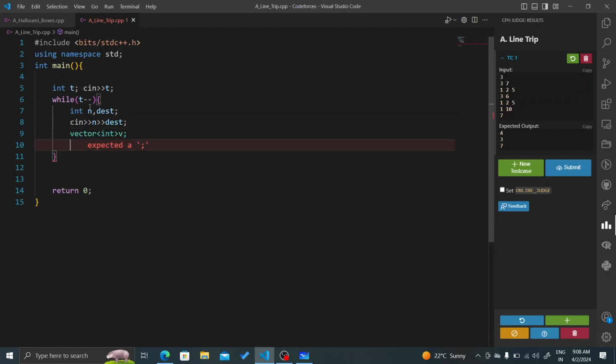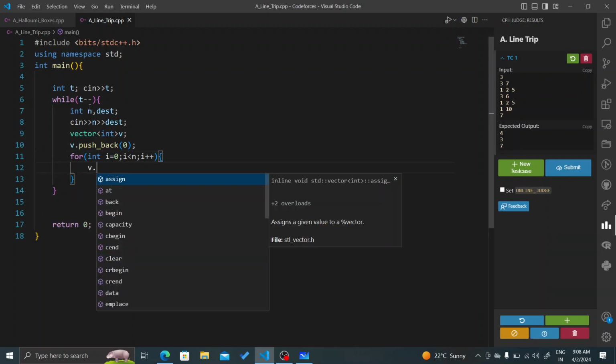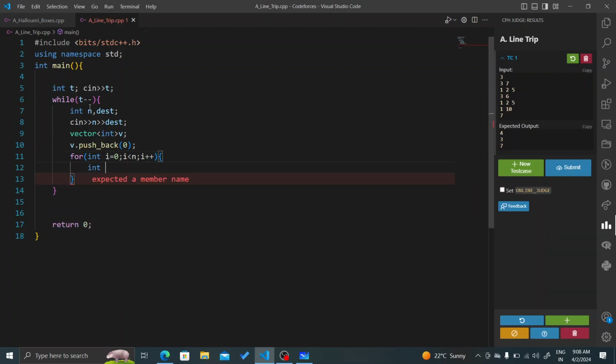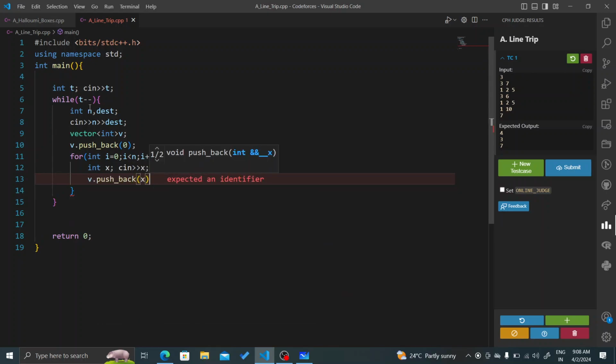We will do one thing. We will first put the zeroth position in the vector. After that, we will put all the gas stations position in the vector, as we discussed in the approach. Okay.